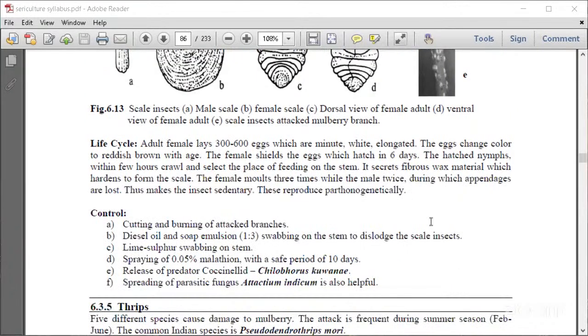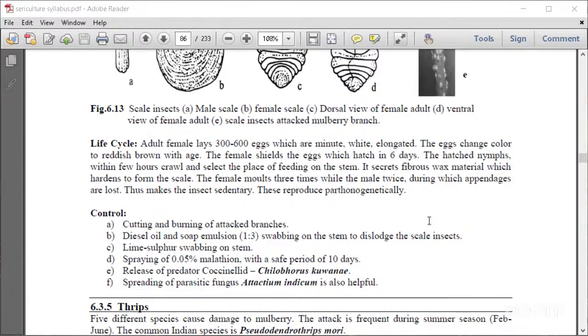The controlling measures are, as we just discussed, cutting and burning of the branches, but there is a different type of control measure for this pest: diesel oil and soap emulsion in 1:3. Take 10 ml of diesel oil and 30 ml of soap emulsion and swab the stem to dislodge the scale insects, because they are stuck onto the stem.